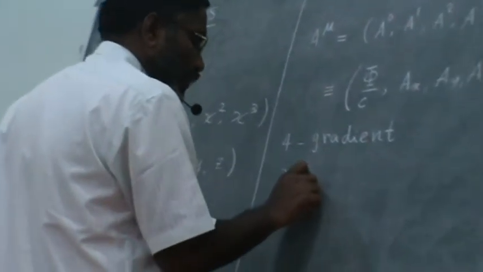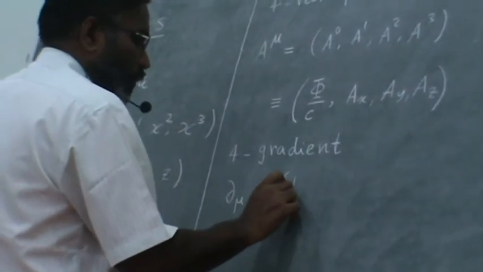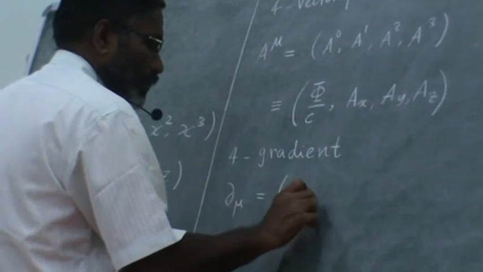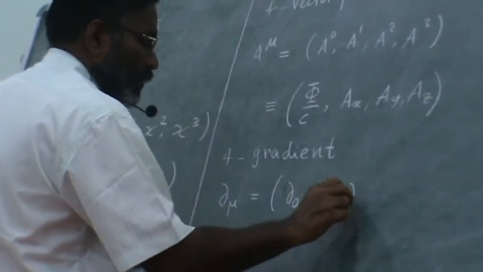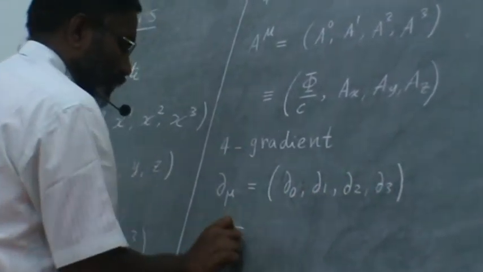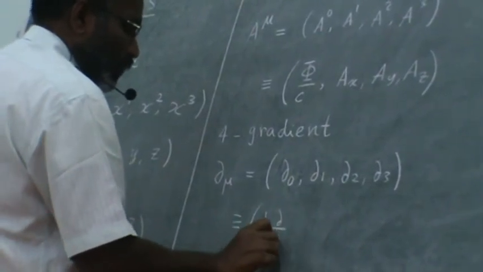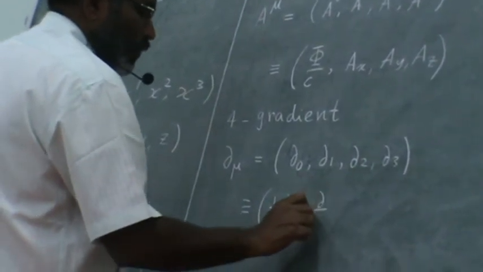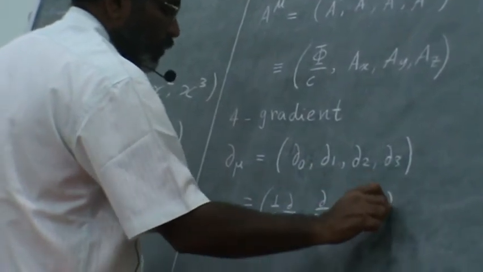So del_μ is equal to del_0, del_1, del_2, del_3. Please note that here I am writing subscripts. By definition it is 1 over c times dou by dou t, dou by dou x, dou by dou y, dou by dou z.